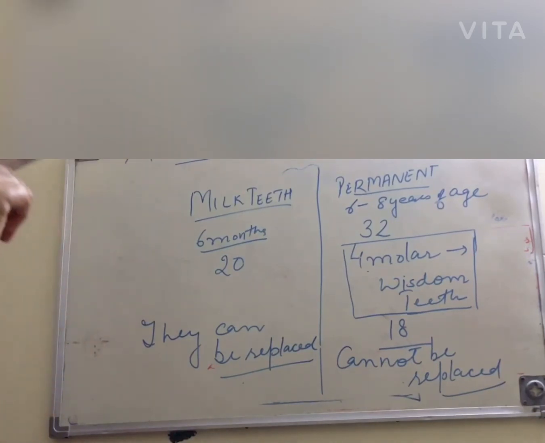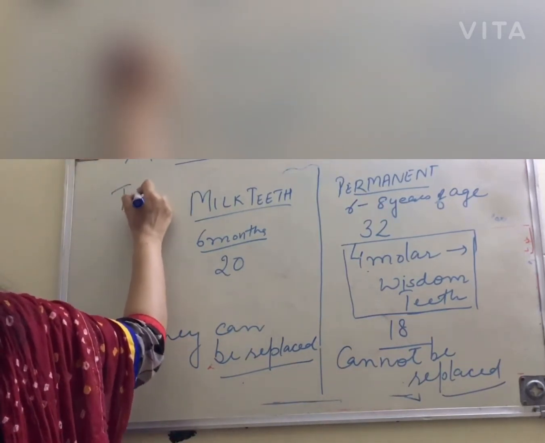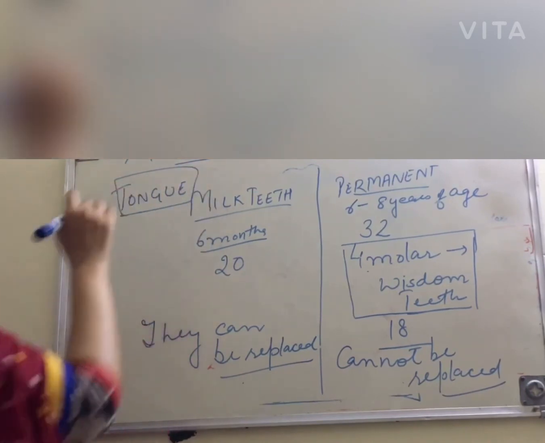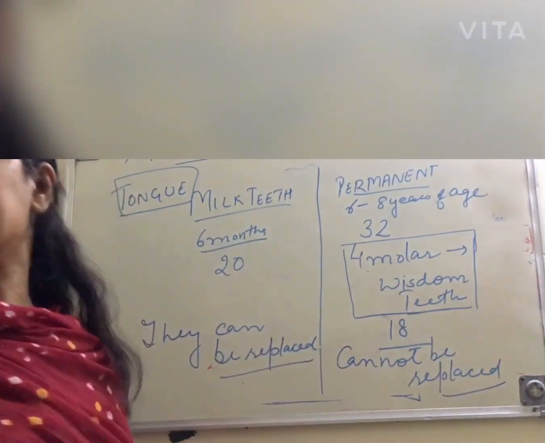The second important structure present in the buccal cavity is the tongue. We all know that the tongue is a muscular structure attached to the floor of the mouth, and it has taste buds.